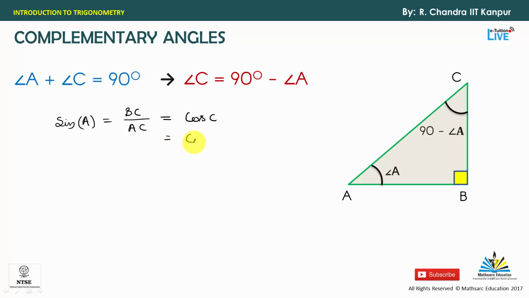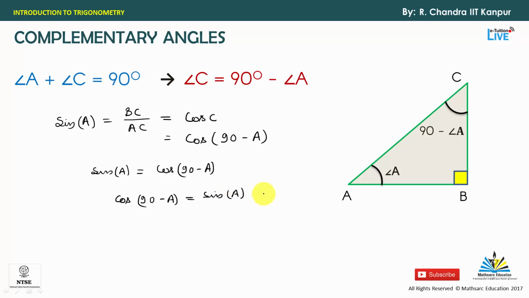Cos C is cos of, if we replace C by 90 minus A, then what are you getting here? You will get sine A is equal to cos 90 minus A. So we have a formula here. Cos of 90 minus A is equal to sine A. So this is the first formula of complementary angle that we have derived.